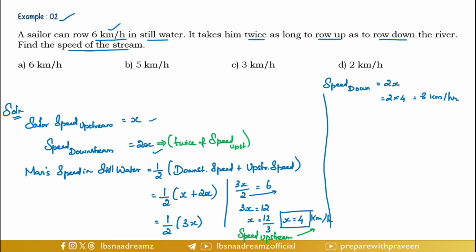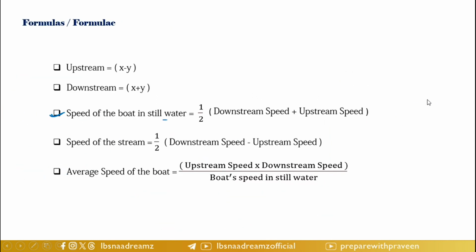Right? Now we have to find the speed of the stream. Speed of the stream is equal to, what is the formula? Speed of the stream is equal to 1 by 2 into downstream speed minus upstream speed.